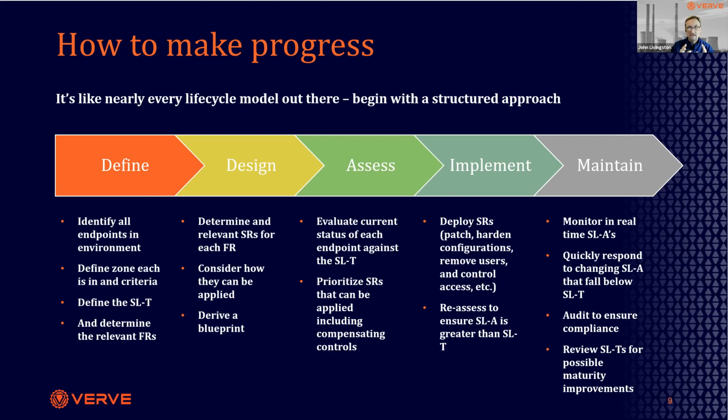So once I've assessed, then we move to implementation. And that's where the Verve platform is quite helpful. So we can go from assessing the environment and knowing exactly what our situation is from a security and compliance point of view with the various standards of 62443, and then I can actually implement it. I can patch things. I can harden configurations.